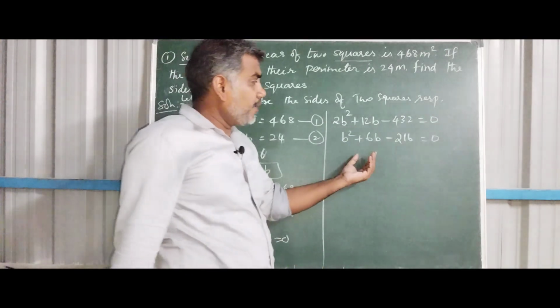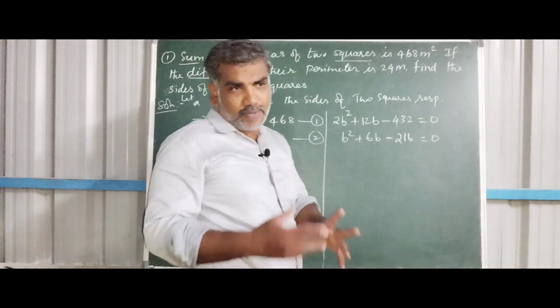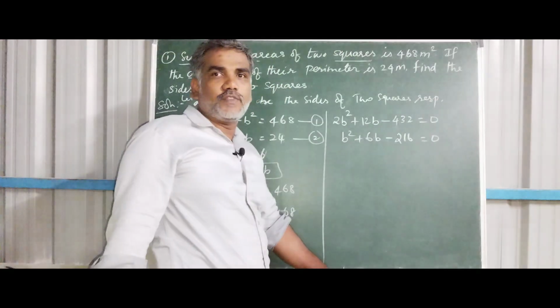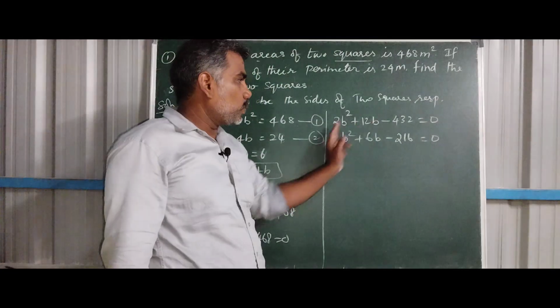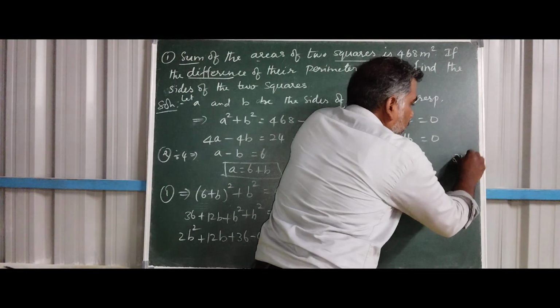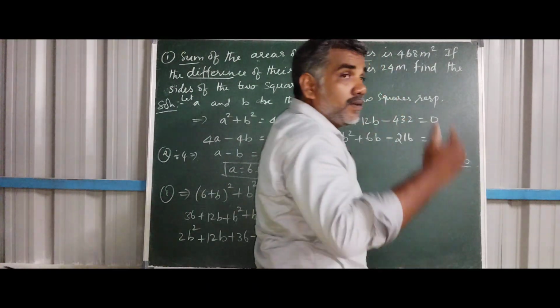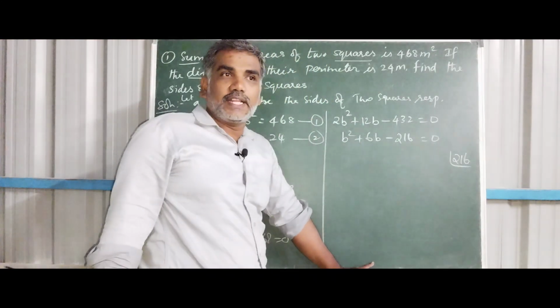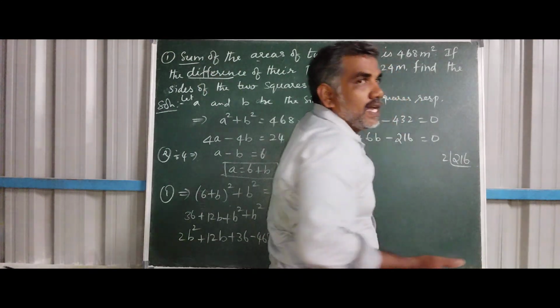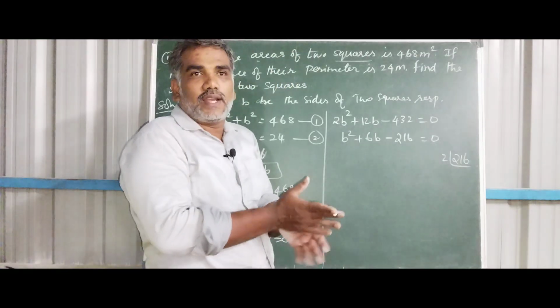If you are finding it difficult to find that magical number for such big numbers, the product is 1 into 216. For the 216 you just find the prime factors, so that you will have a list of numbers. Then you can mix them up and directly find it.